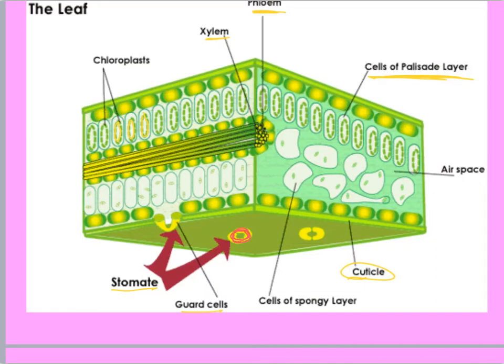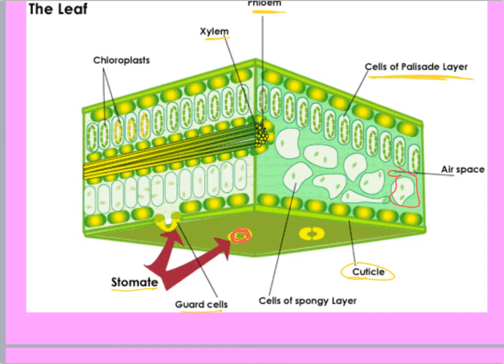And they let gases go in and out of the leaf. So this is where gas exchange occurs. It goes into the leaf. Then you have the airspace. And then oxygen and carbon dioxide are going to be exchanged with those cells containing the chloroplasts. So anyway, the stomata are these circular openings.